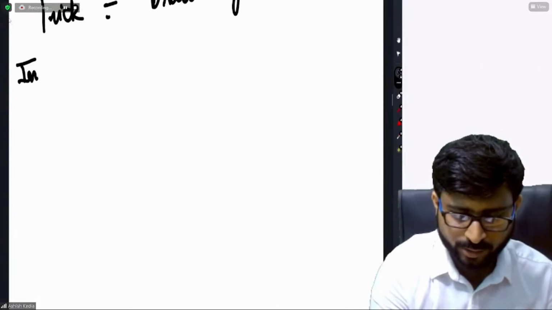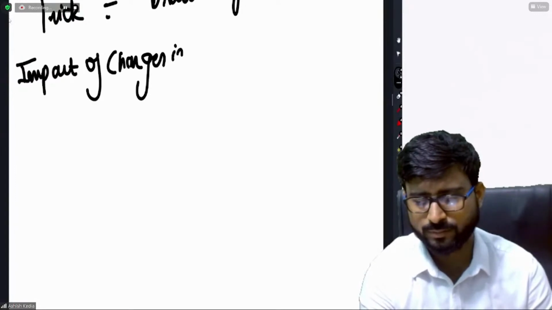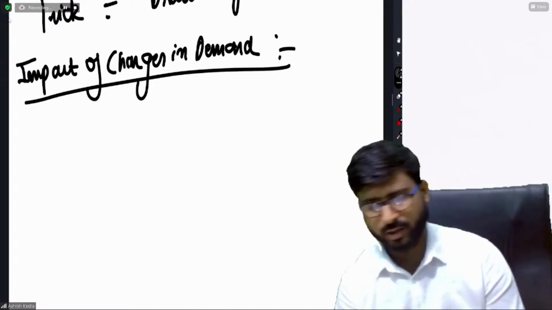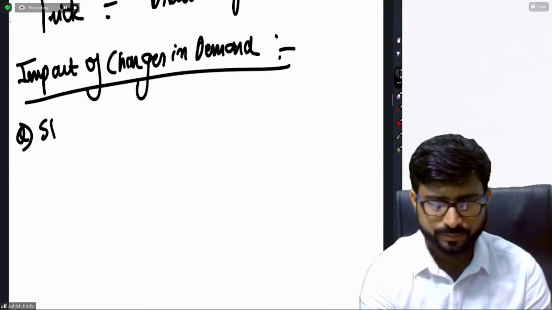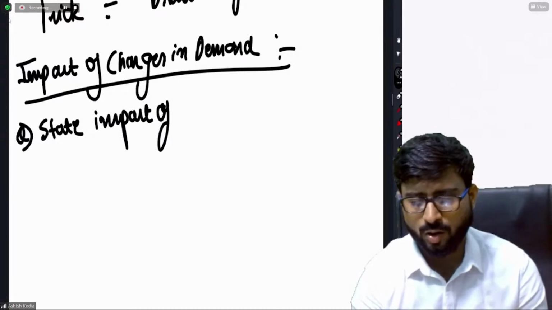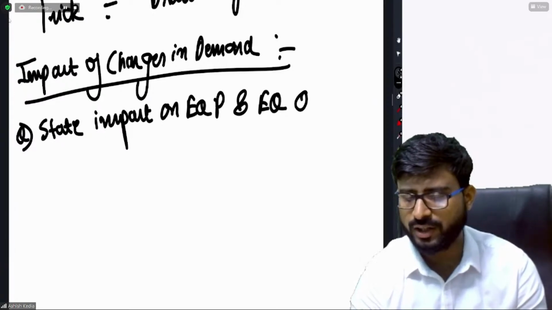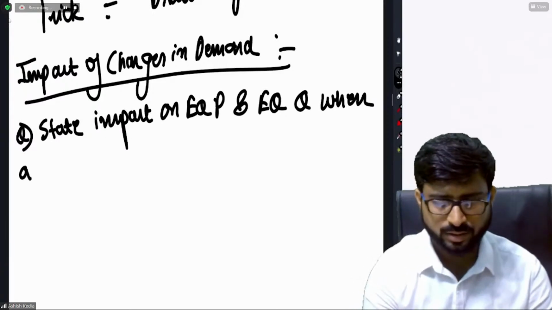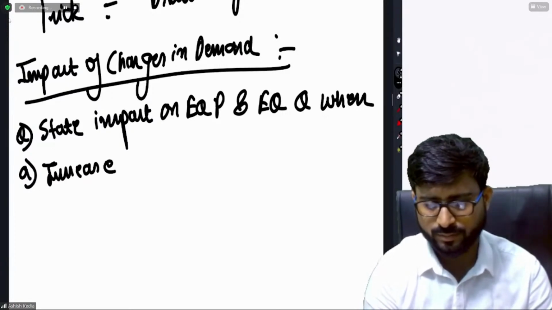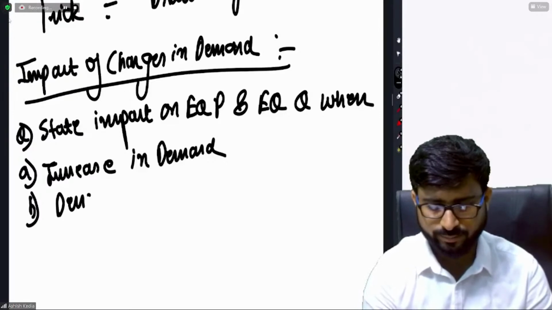Now, first of all, put the heading: impact of changes in demand. Okay. So the question is: state the impact on equilibrium price and equilibrium quantity when there is A, increase in demand, B, decrease in demand.